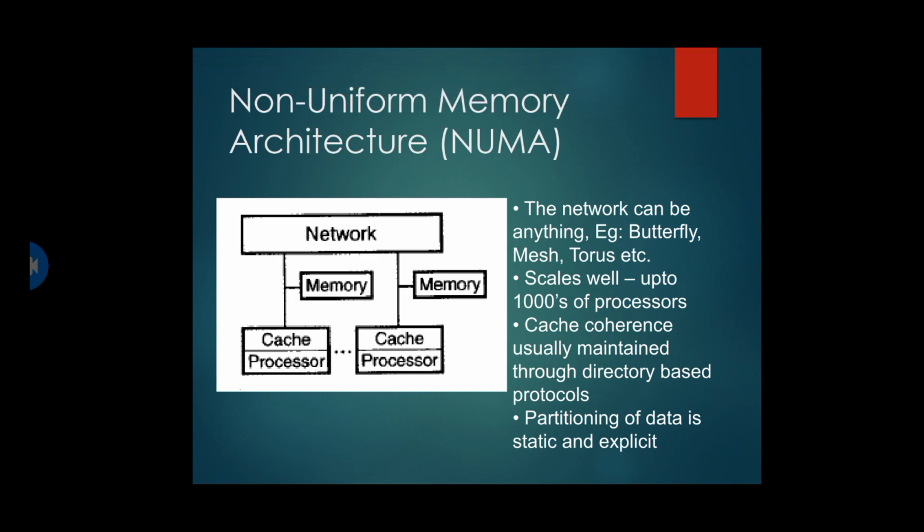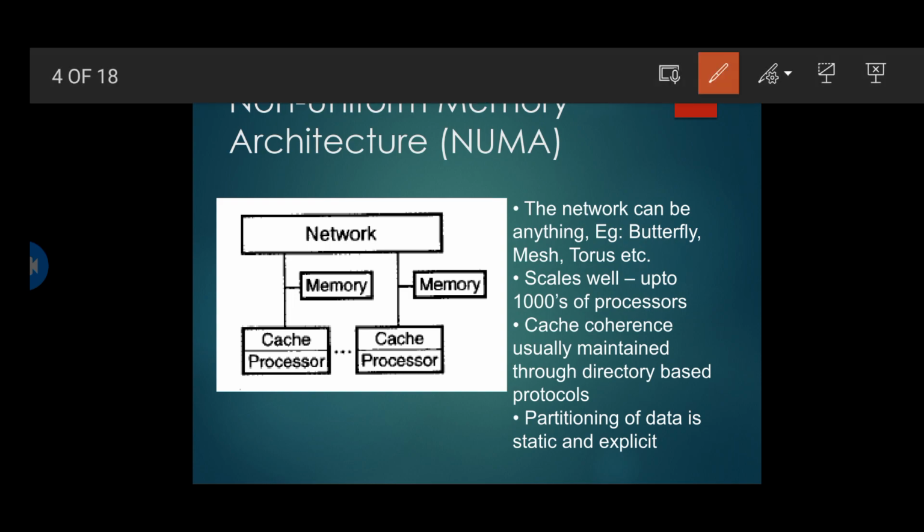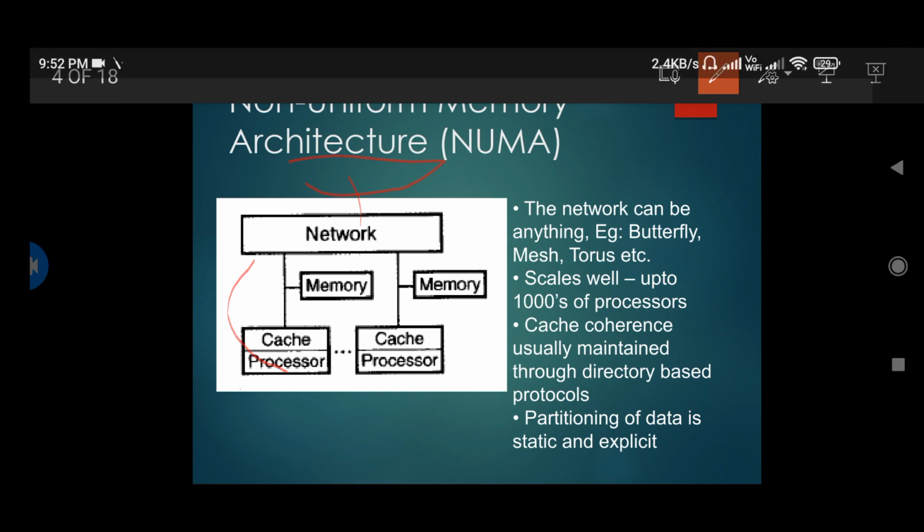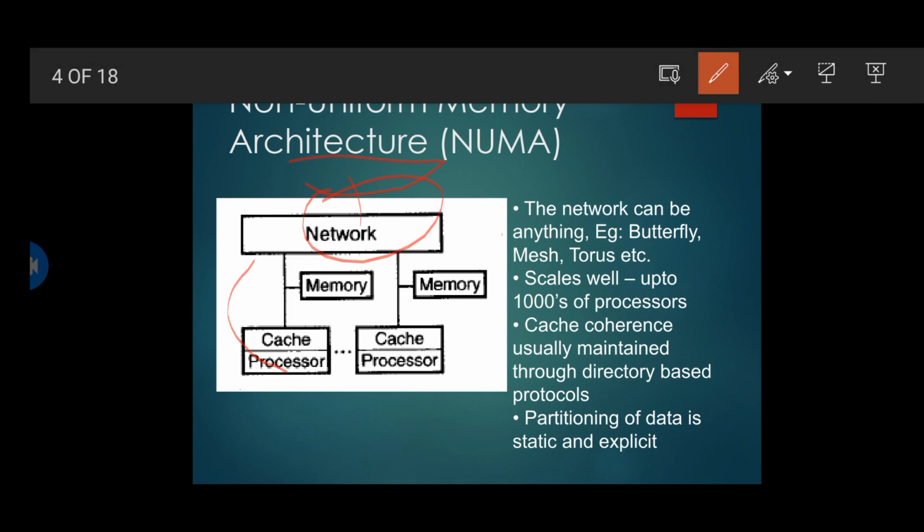Now let us see what non-uniform memory architecture means. Before, there was one memory connected to the network, so if a processor wanted to fetch an instruction, the time was the same for everything. But here, every cache is connected to a separate memory.